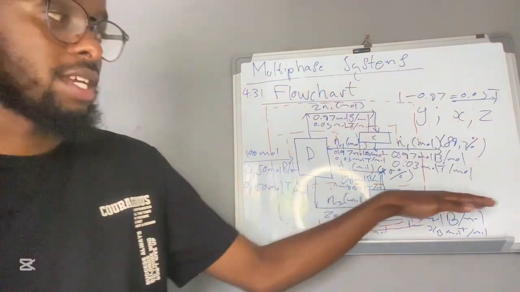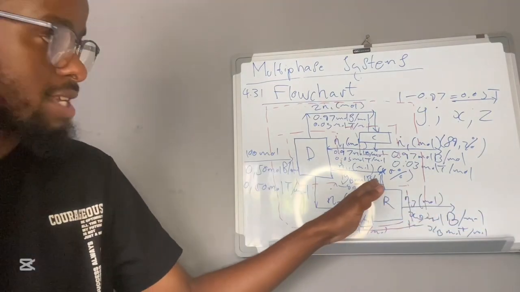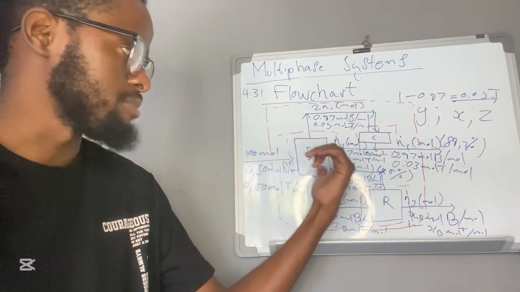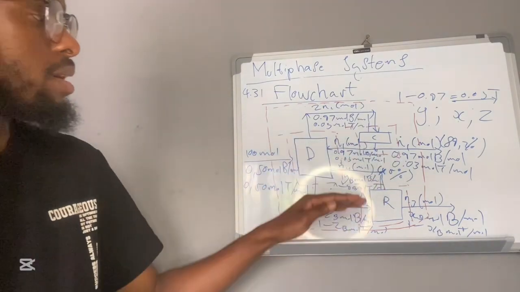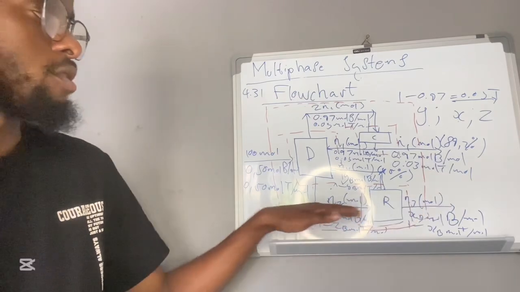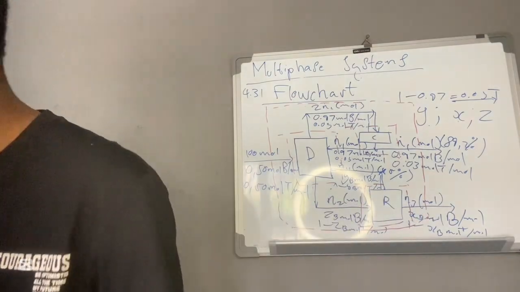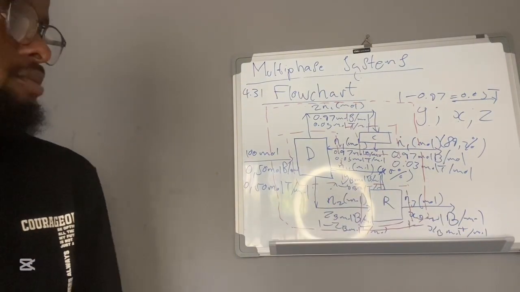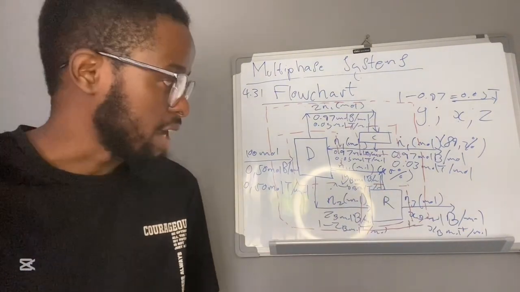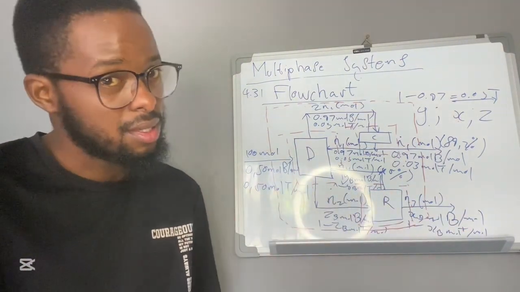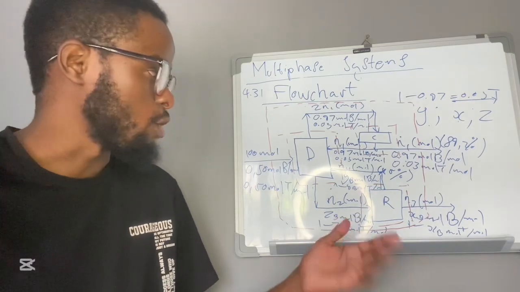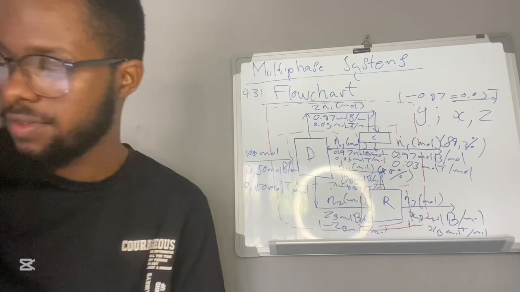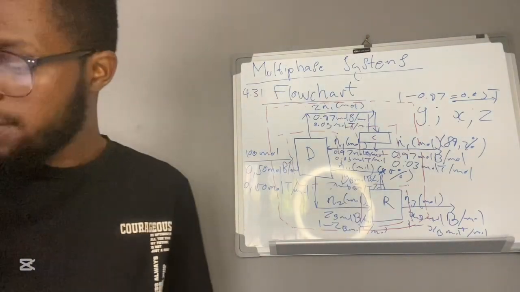Whatever liquid goes this side is not the same as the one that goes back into the distillation column. So you cannot have the same component balances here. That's why we are assigning different letters, so that it cannot be tricky. I hope you guys are writing this down, the whole thing. Or maybe you'll hit pause so that you'll see the whole flowchart. So now we're done with the flowcharts.